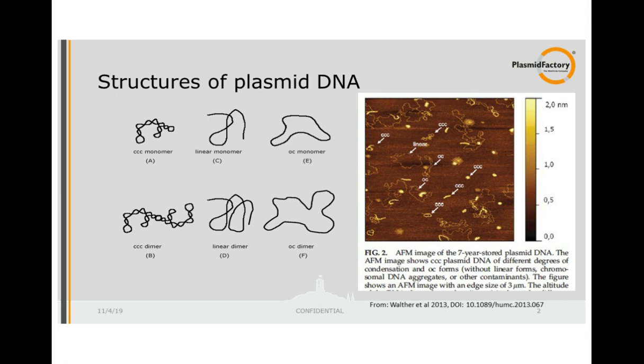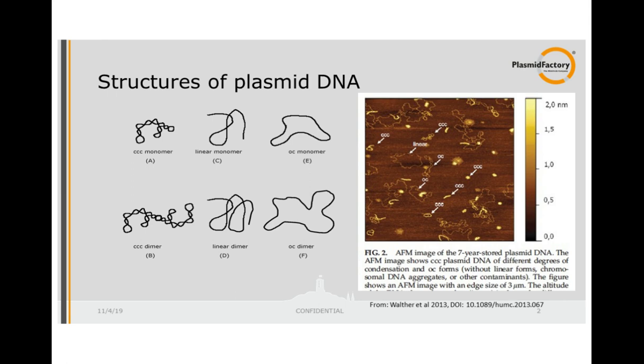If it is cut, for example, by a restriction enzyme, or destroyed by whatever kind of lab accident, it is a linear molecule. It's not condensed anymore, and this means both strands are damaged. If only one is damaged, it's still some kind of circle, but it's not supercoiled anymore.